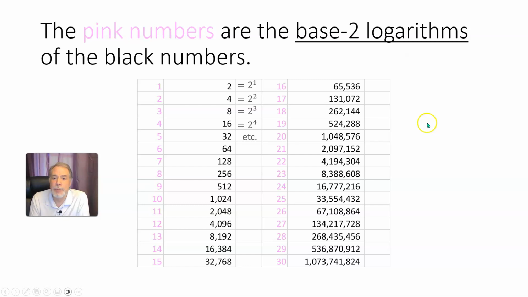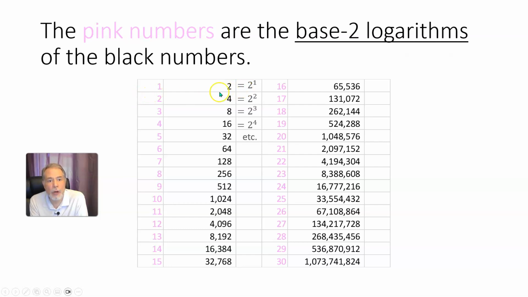Now, we don't have to use base 3 logarithms. We could use base 2 logarithms. And then those would be the powers that you would have to raise 2 to get another number. So here, the black numbers on this list of numbers are all powers of 2. And the little pink numbers tell you what powers of 2 they are. So they are the base 2 logarithms. 2 to the 1 power is 2.